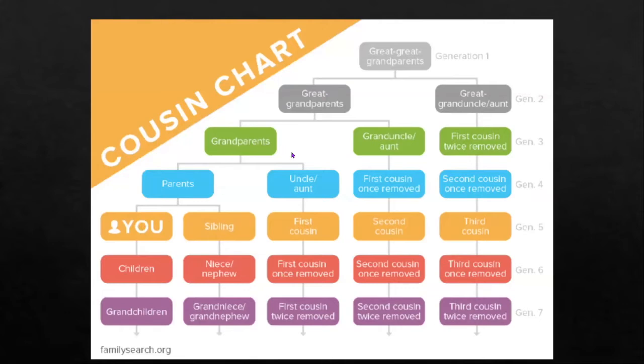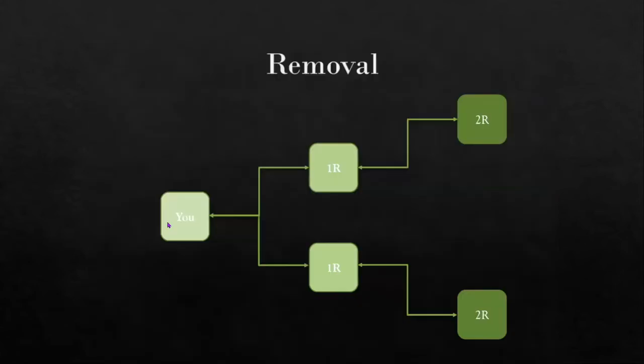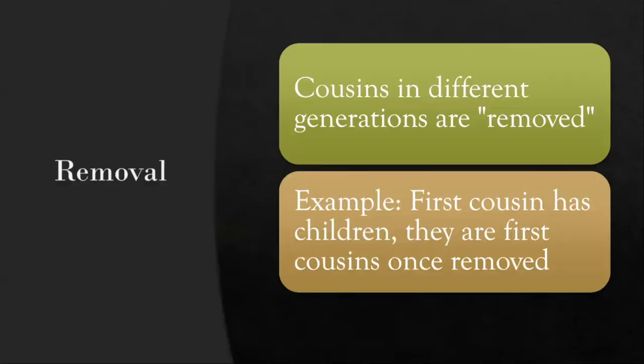When you share grandparents, you're first cousins, right? There is no removal. Your first cousin has a child, there's a generation shift, okay? So that's where we start getting into removals. So again, the example, a first cousin that has children, their first cousin's once removed.